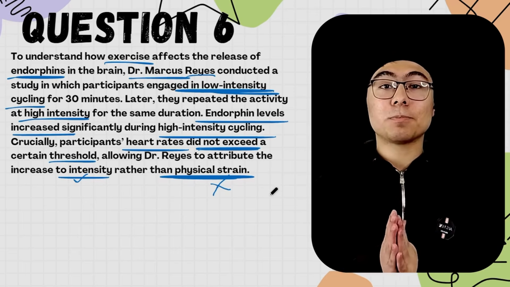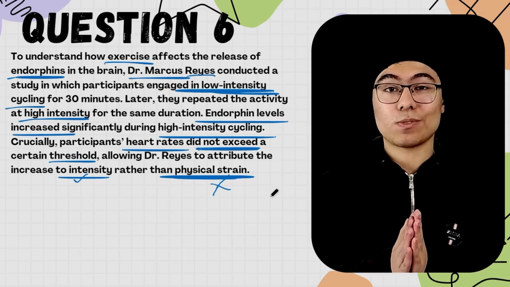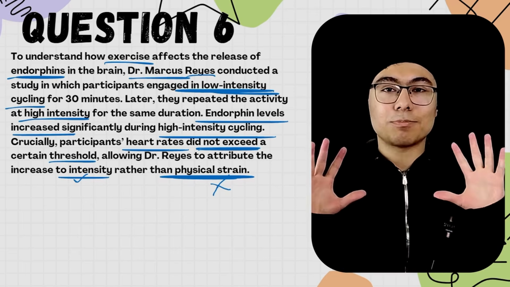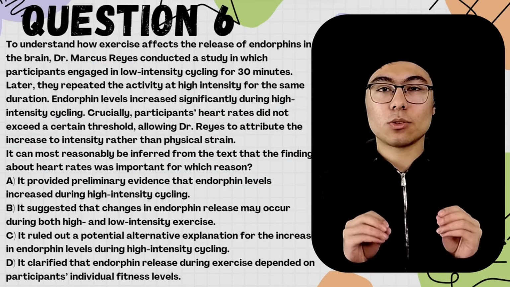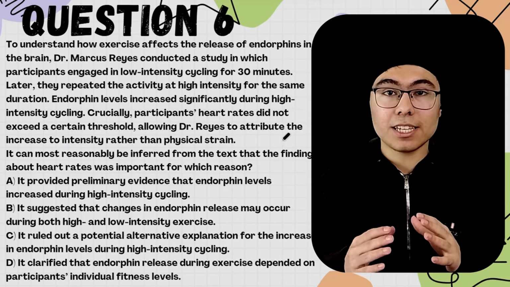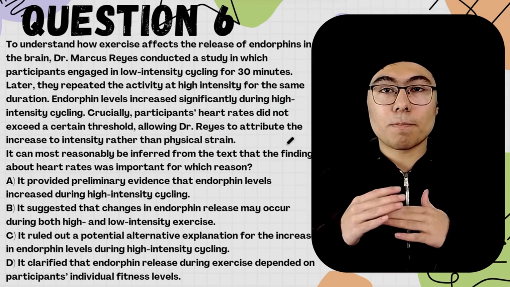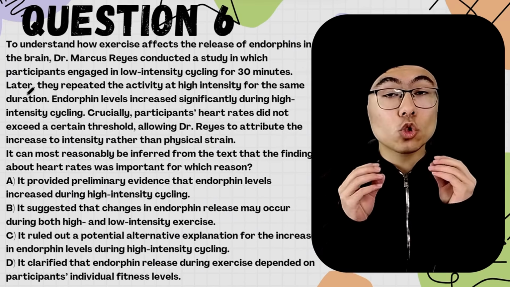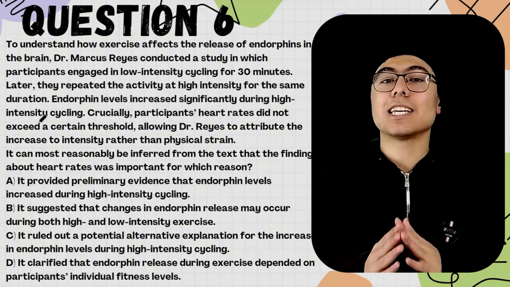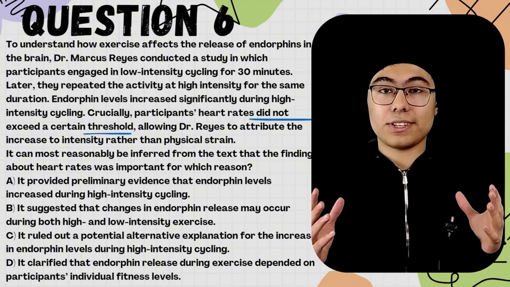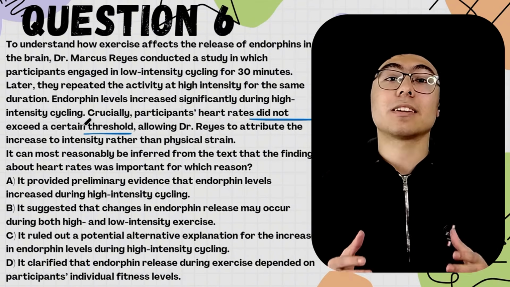Now, the next step is predicting our answer choice. All right, so let's predict. Here's what we need to know. The heart rate not going past a certain level is super important because it rules out that the endorphins were released just from physical effort.